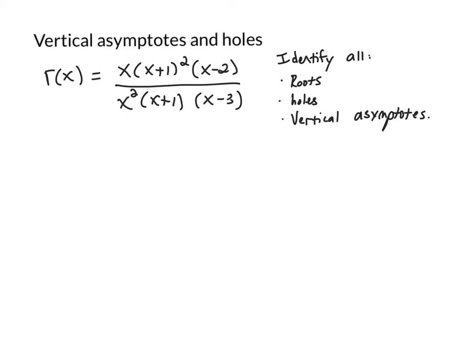Now, a lot of the time we use the term zero in place of root, but I think in this video, calling them roots is going to give us a little bit less confusion. Okay, so let's go ahead and start there. We've talked in the previous few videos about how to find those roots, and what we need to do is look at the zeros of our numerator.